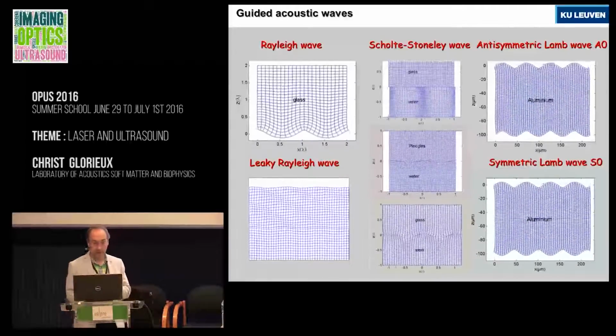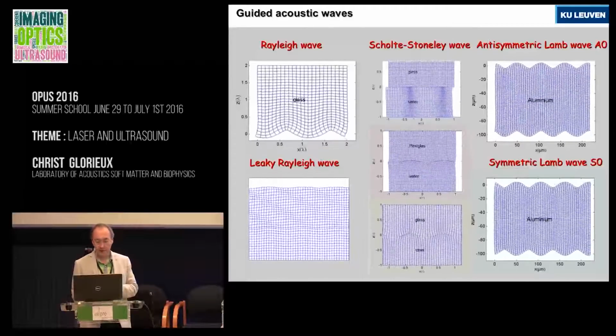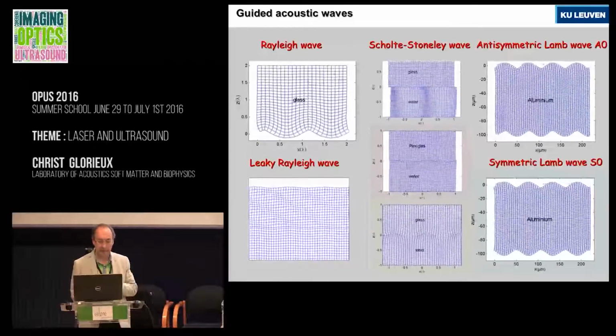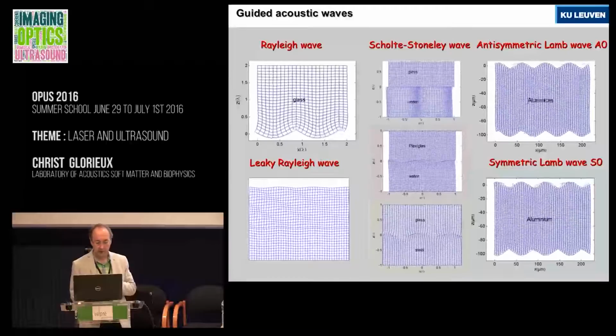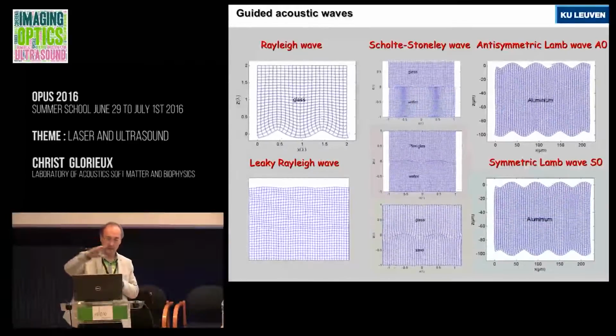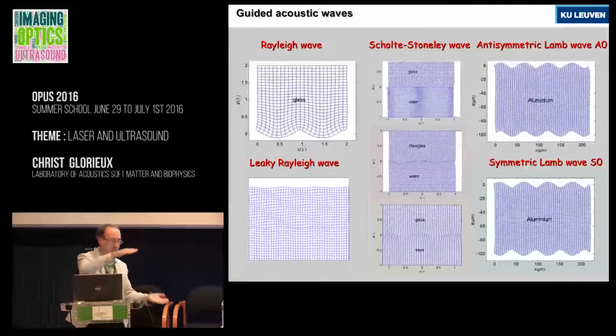If you have waves between solid and solid, they are called Stoneley waves. And if you have waves in a thin plate, they are called Lamb waves. Lamb waves, you have many kinds. It's a bit difficult to see here, but the top ones are asymmetric. They move like a kind of snake, while the bottom ones are symmetric.